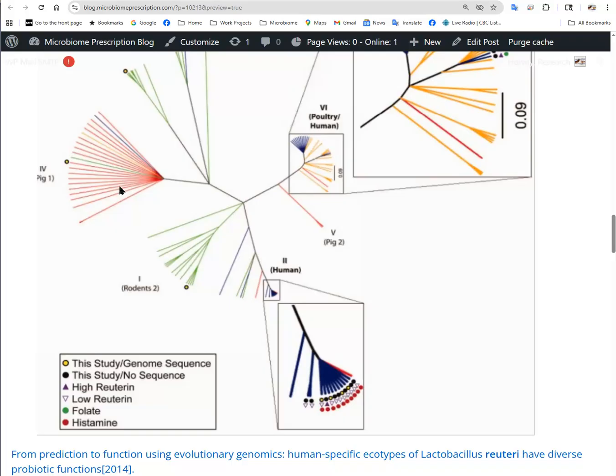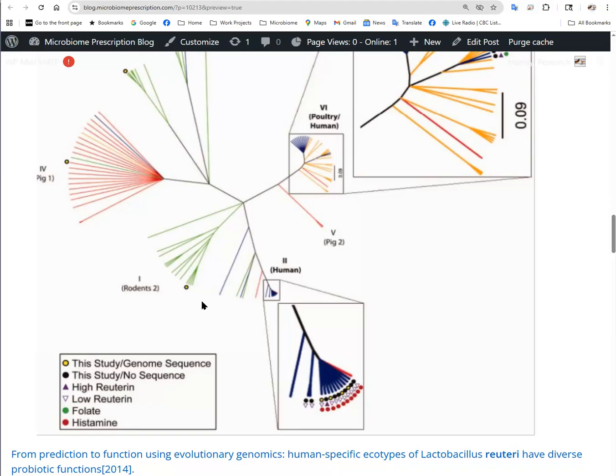Somebody offered Lactobacillus reuteri probiotics, so they purchased them and resell them. As you can see, a pig one is very likely to produce histamine, in which case, guess what? You get a histamine reaction from it, and you have a whole bunch of symptoms being worse. Alternatively, if you take a rodent one, you don't see much histamine. You see it supplements folate.